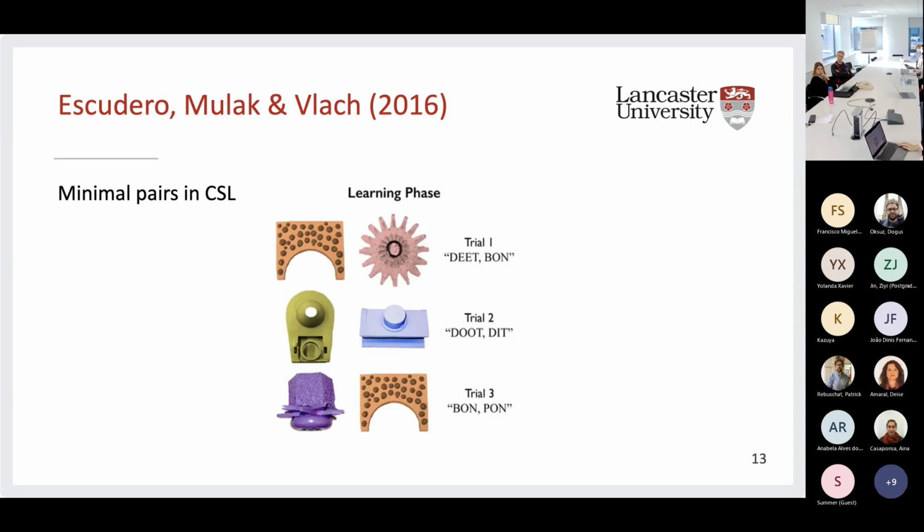So what they did, similarly, they show two pictures with two words. The words are played in random order. And they created different conditions by manipulating the phonological similarity between words. So in this first case, it's a non-minimal pair case where you hear dit and bon.